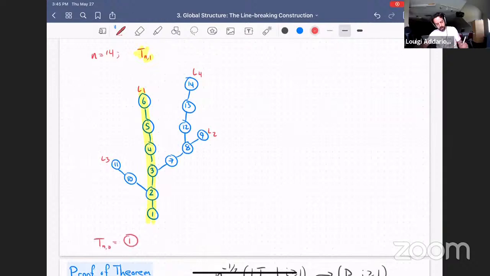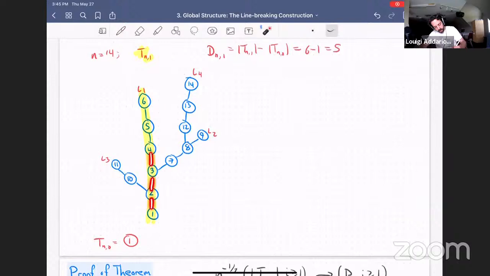Then dn1 is the size of Tn1 minus the size of Tn0. That's 6 minus 1, which is 5, and that is indeed the number of edges on this path, the length of the path. What's Tn2? Tn2 would be the tree that has these nodes and these nodes.